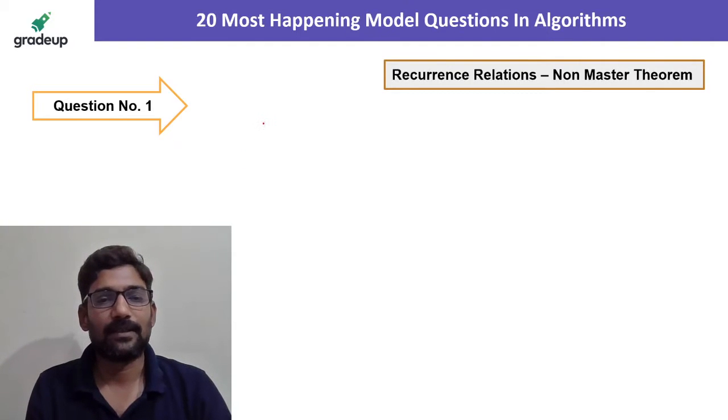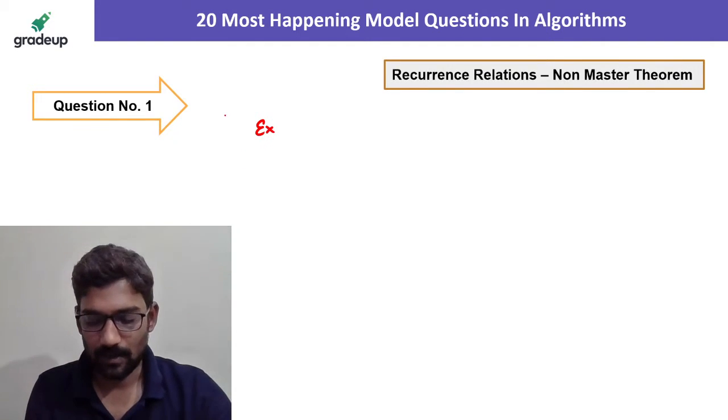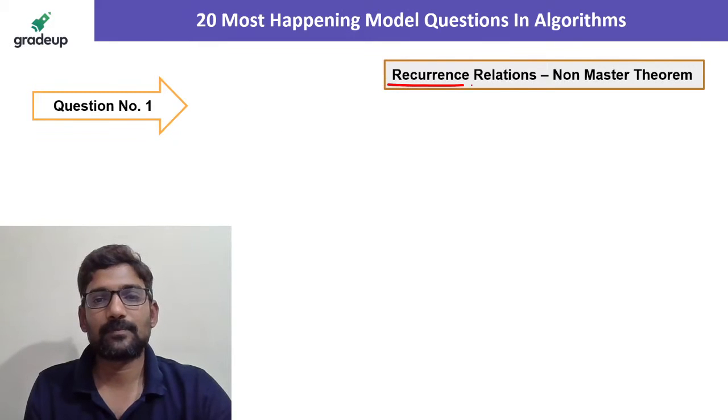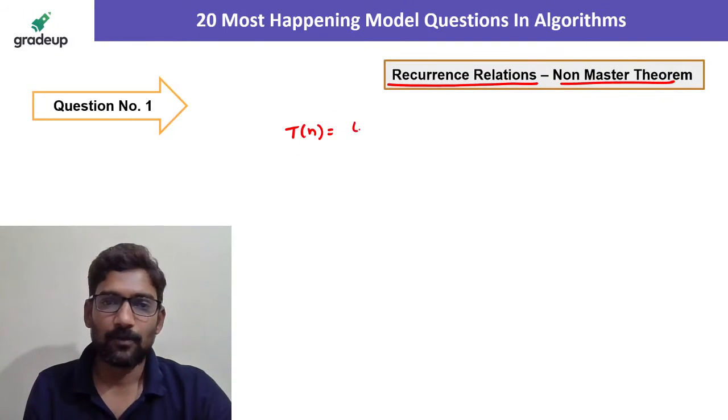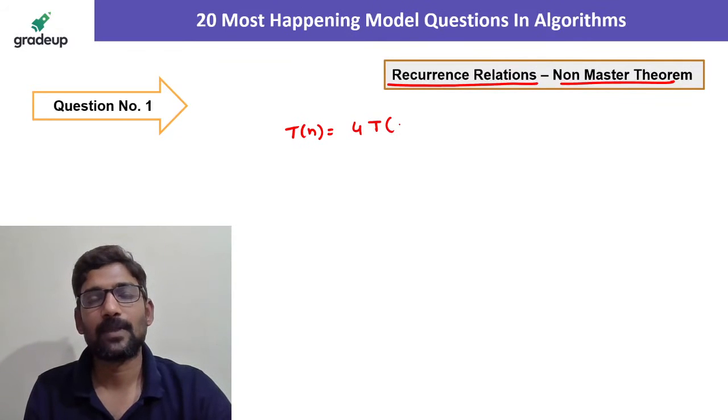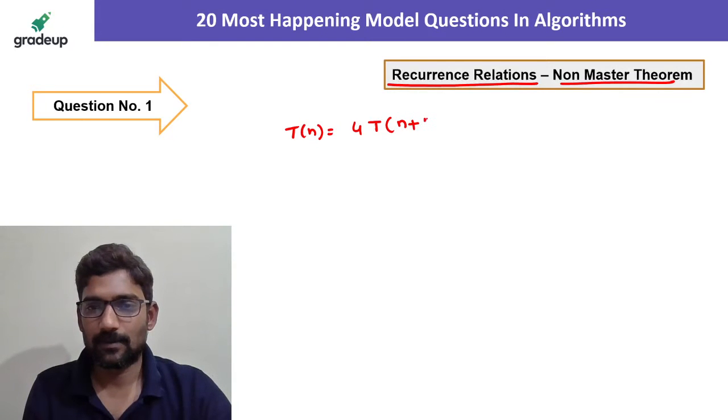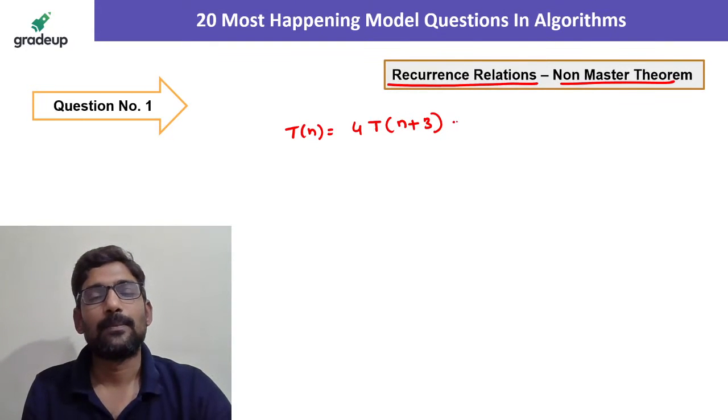Like if I say something like T(n) = 4T(n+3) - 3T(n/2) + 1.